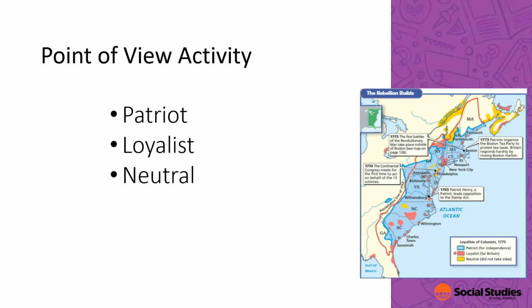Is there anybody else that's willing to share out? What I also found interesting was there were two stories about African Americans, one that grew up in slavery and one that did not, and the reasons why they chose to become either patriot or loyalist were different.